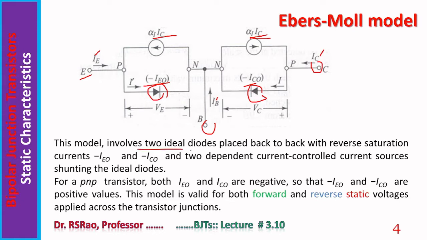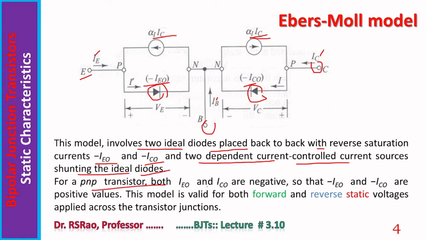This model involves two ideal diodes placed back to back with reverse saturation currents, minus IEO and minus ICO, or IE naught, IC naught, and two dependent current controlled current sources shunting the ideal diodes.